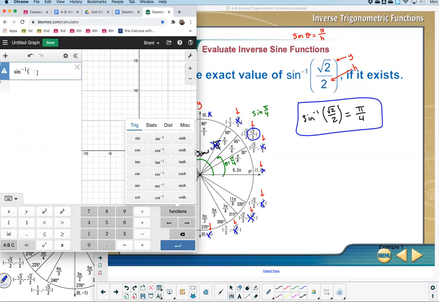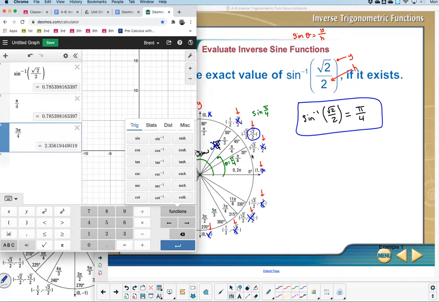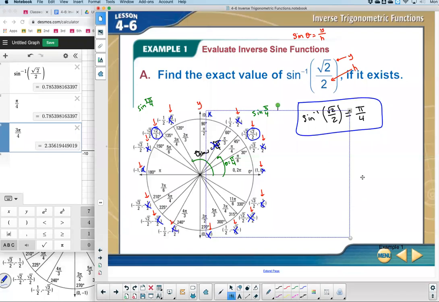And I'm going to put this in parentheses here, square root 2 divided by 2. You get this value, which happens to be pi divided by 4. Notice it's not 3 pi divided by 4. That other option we saw, the decimals do not match. So for that reason, pi over 4 is the correct solution.